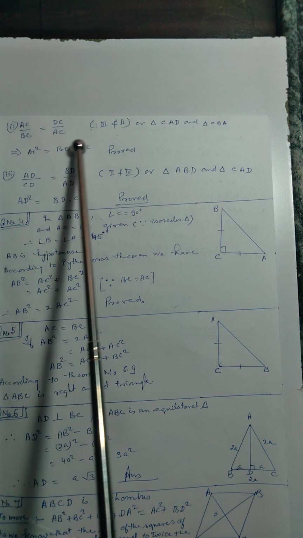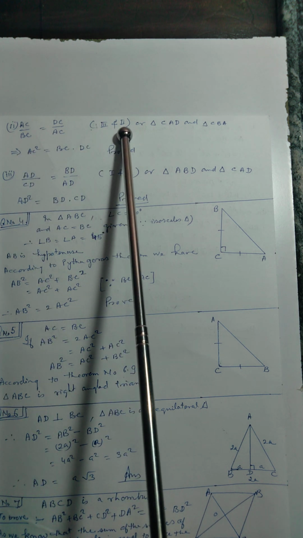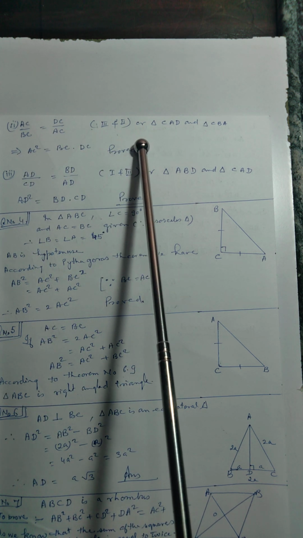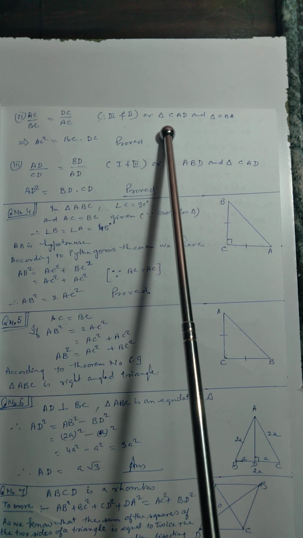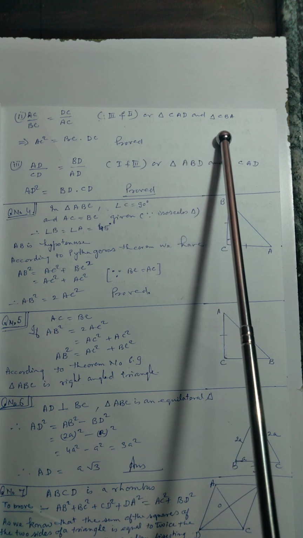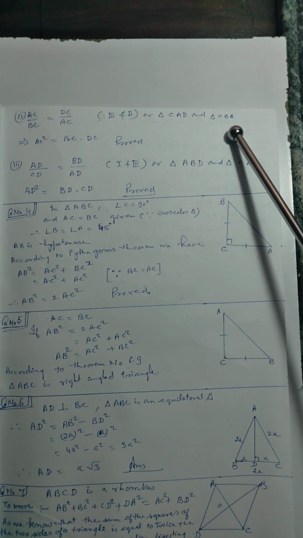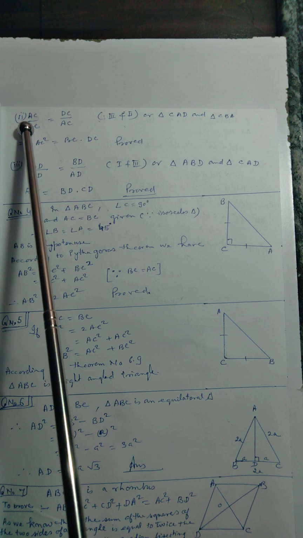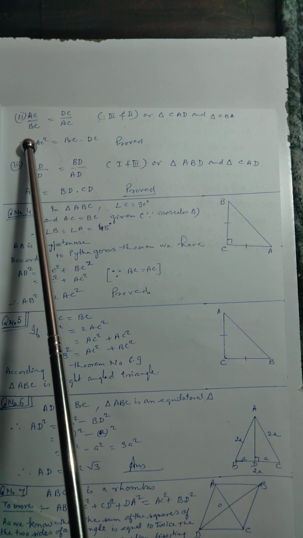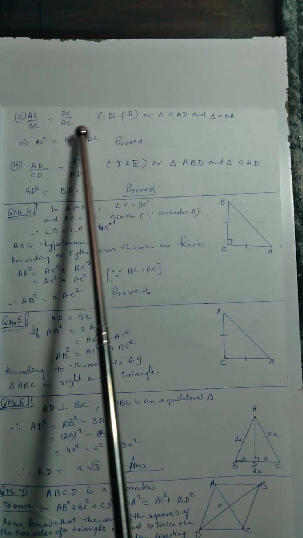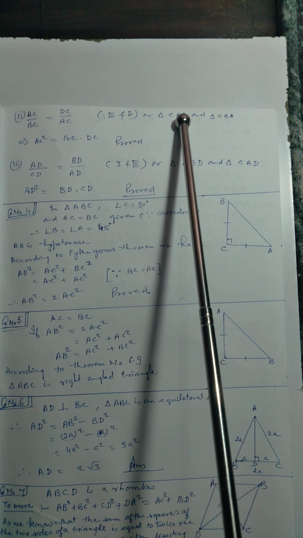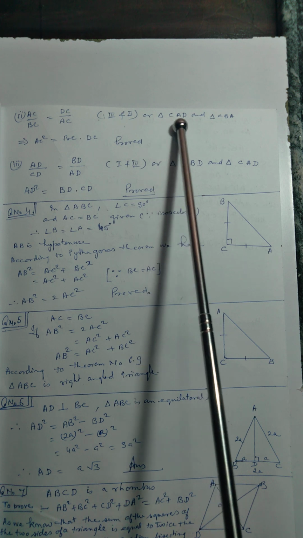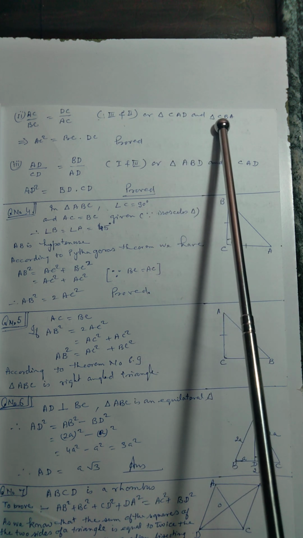Now, second part of it. AC by BC is from the third and second triangle, that is CAD and CBA. AC upon BC. You see the number: AC means second and first, here also second and first letter.